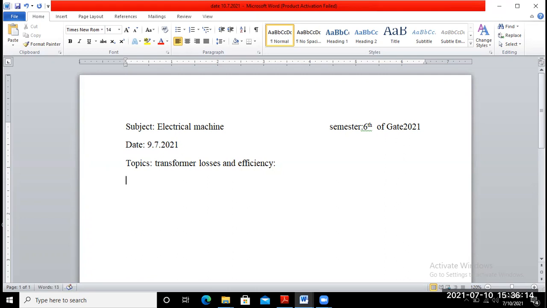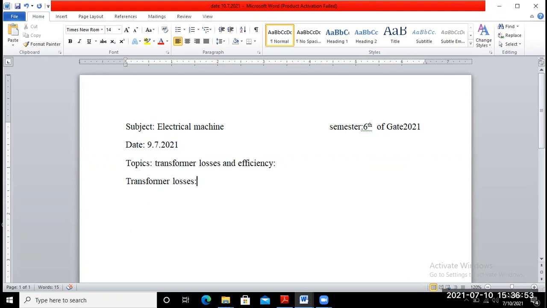So first we will discuss transformer losses. In a transformer, mainly two types of losses take place and some other types of losses may also occur, but they should be negligible, or we may consider only two types of losses.